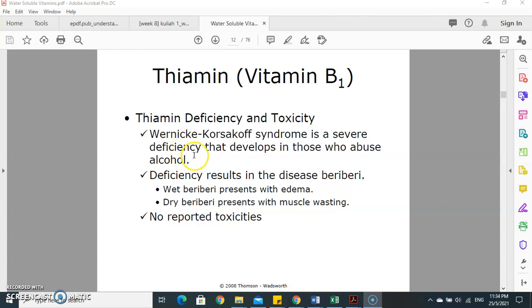So try to search what it looks like to have Wernicke-Korsakoff syndrome. And then deficiency in thiamine also results in beriberi, which has two types. One is wet beriberi, which can be depicted by the edema. And then we also have dry beriberi.